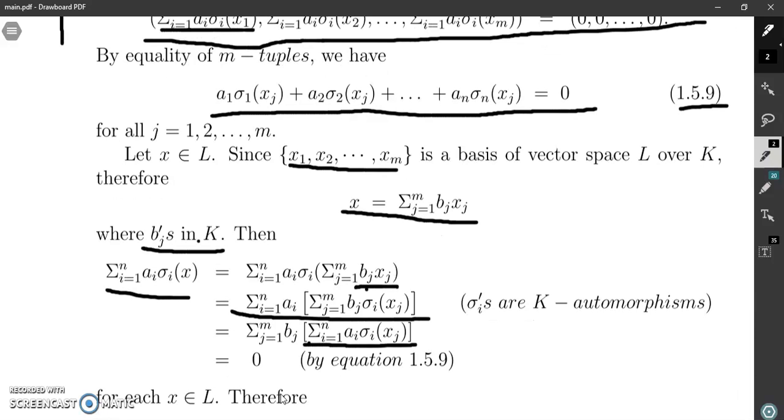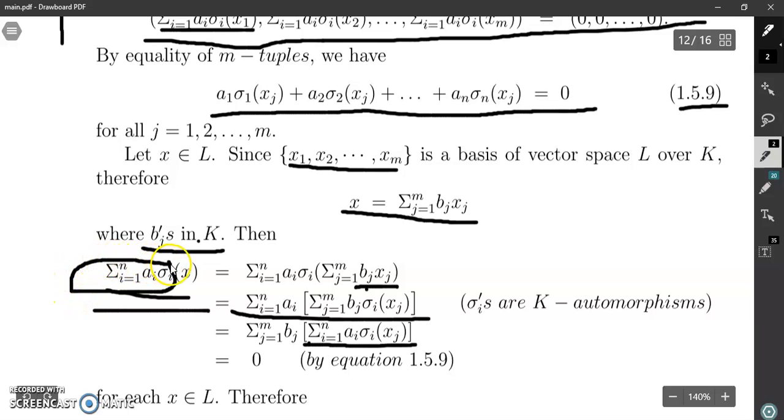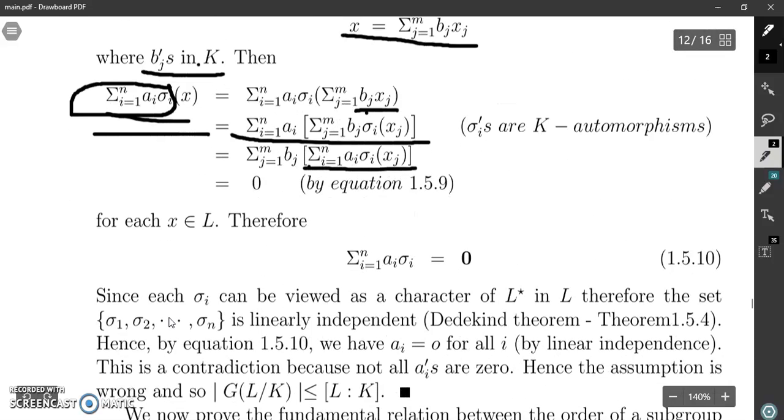This shows that this combination will be 0 for all x. Since this map takes every element of the vector space to 0, it will be a 0 map. It means summation ai sigma i will be a 0 map. Remember the definition of 0 map.